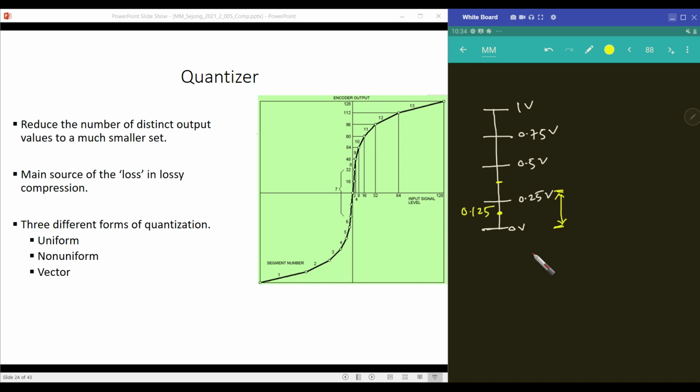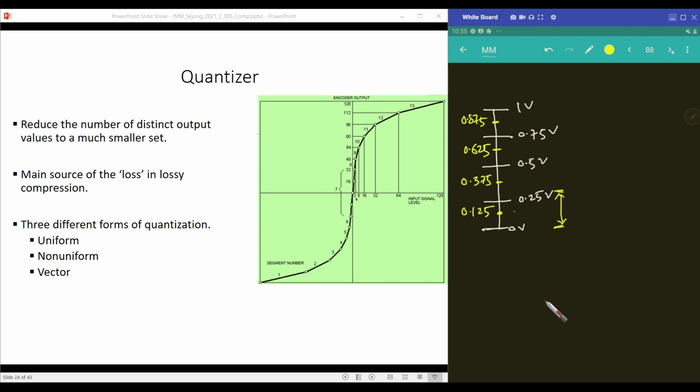Similarly, any voltage somewhere between 0.25 and 0.5, we consider that value to be 0.375. Any voltage between 0.5 and 0.75 we consider as 0.625. And any input that comes between 0.75 and 1 volt, we consider as 0.875 volt. So this is an example. In this example, we consider 4 different levels.